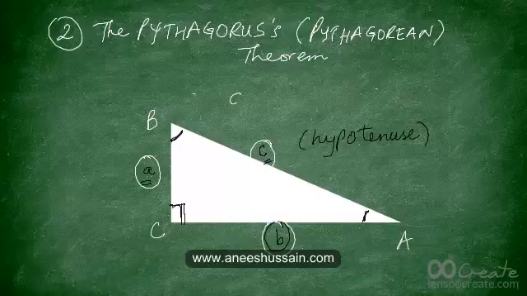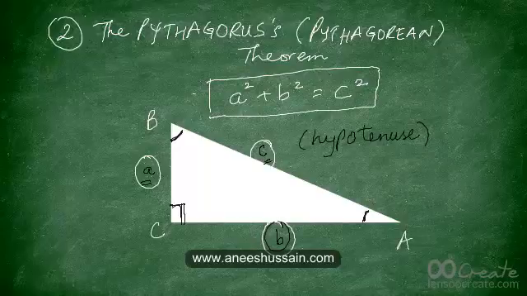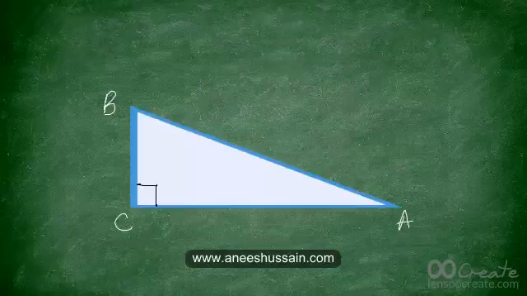Basically, we can write this as a square plus b square is always equal to c square. And remember that all right triangles conform to this rule. It is not possible to violate this rule for any right triangle. And this is very important because it allows us to figure out the length of any third side of a right triangle if we know the other two sides.